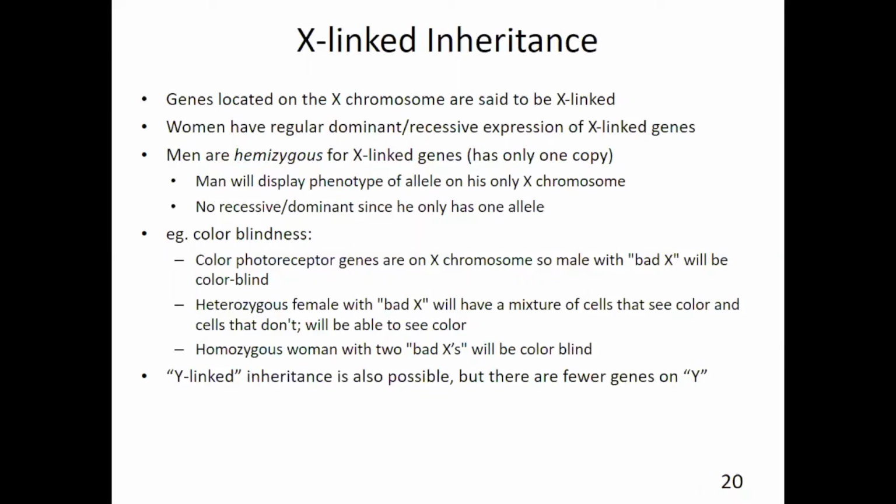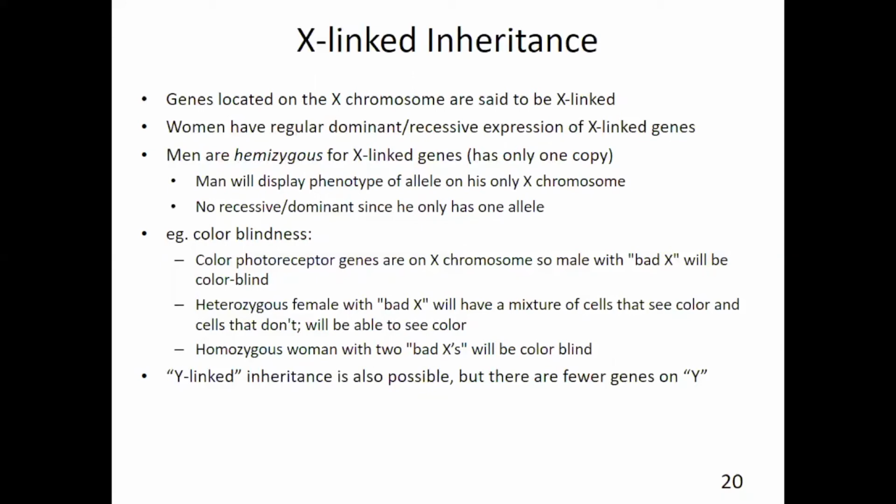A woman can be heterozygote, and because they have one healthy dominant allele, the woman will also have normal color vision. Or a woman could be homozygous recessive, and in that case have two copies of that recessive allele and thus will be colorblind.